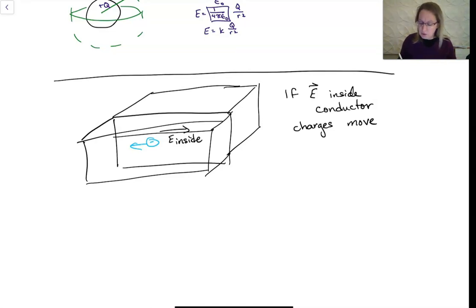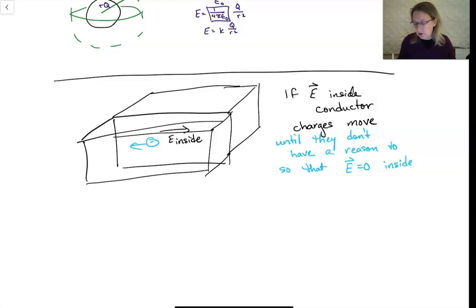So charges move until they don't feel any force, until they've rearranged, or they hit the edge, so that the electric field equals zero inside a conductor.